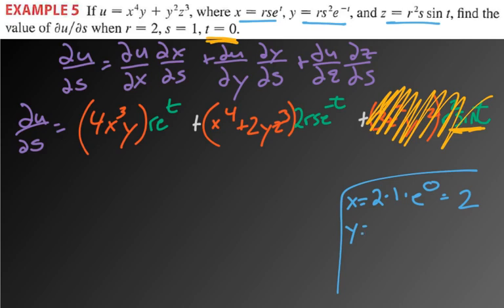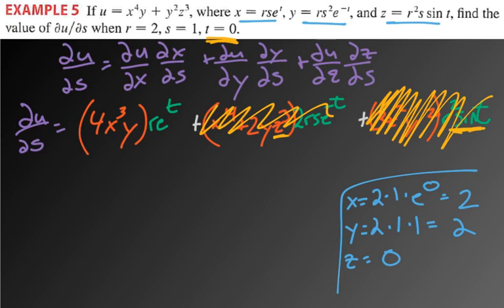And then y would equal basically 2 times 1 times 1, which is also 2. And the z thing is nice because, again, we got the sine t, and t equals 0. So z is just 0, right? So actually that also means this thing is going to go away because I had a z in there, right?